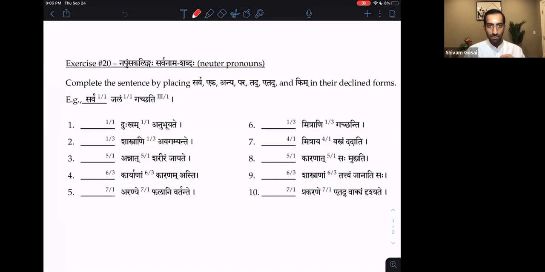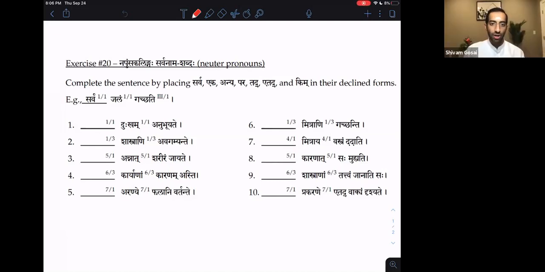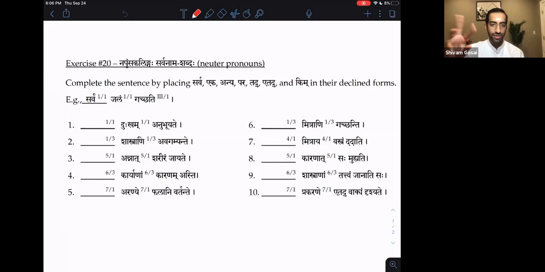Har Prasad ji, go ahead. This is a basic question: the word Kim means what? Is Kim a Napumsakalinga word? Kim can be in all three genders, depending on what it refers to.